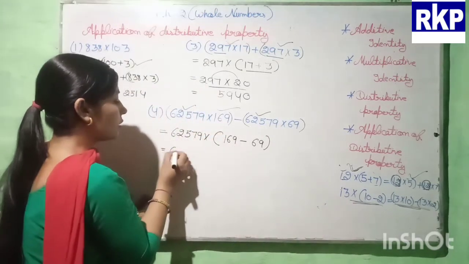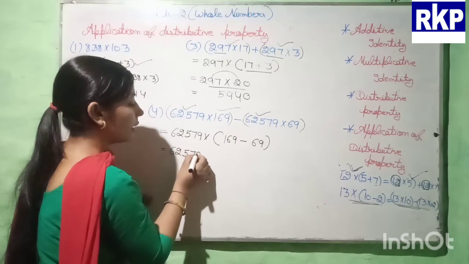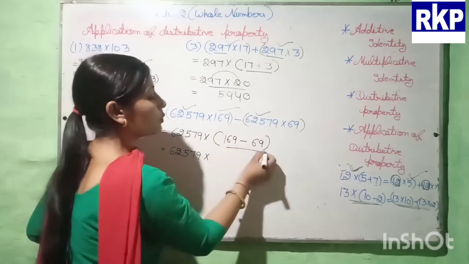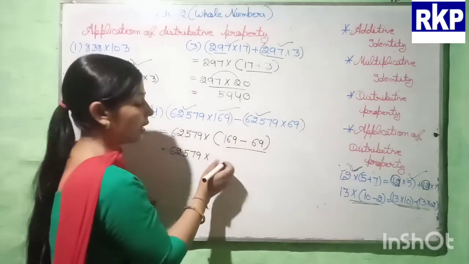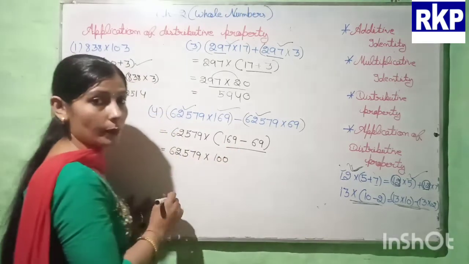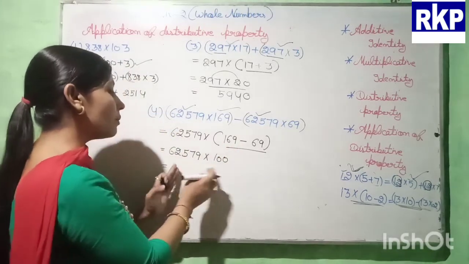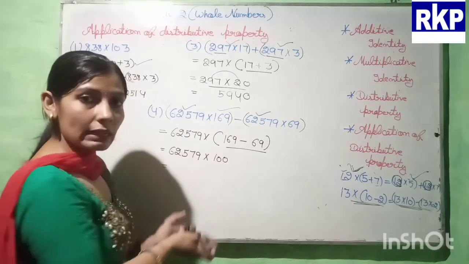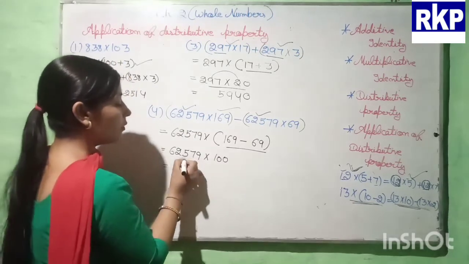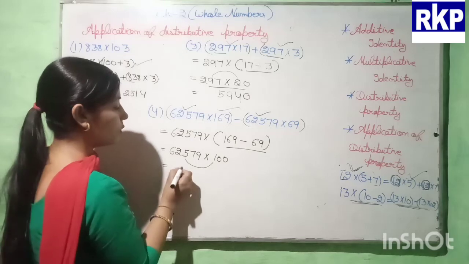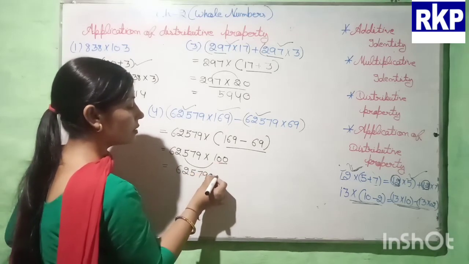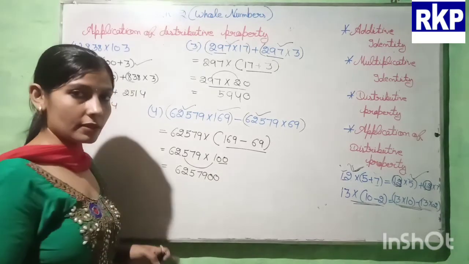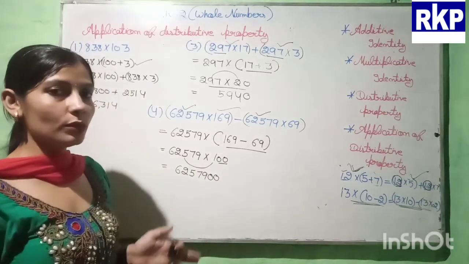Now, beta, 62,579 as it is. Now we have to solve the bracket, and when we subtract 69 from 169 we get 100. Now we have to multiply this number with 100, and it's very easy. So here we have to multiply with 1, so we will get the same number, and then we will put these two zeros as it is. So like this we have to solve.